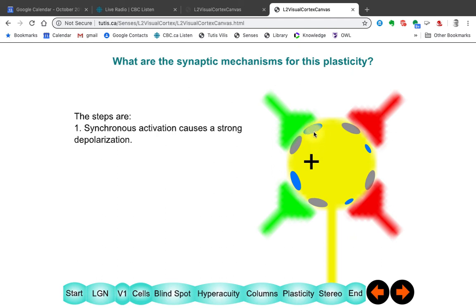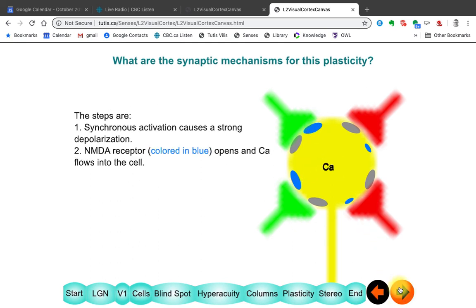As a consequence, there was a strong depolarization in this cell. So when there's a strong depolarization, these things open up, and they allow calcium to enter the cell.